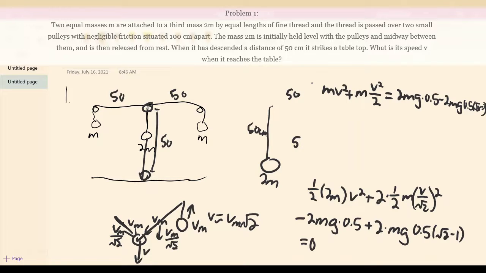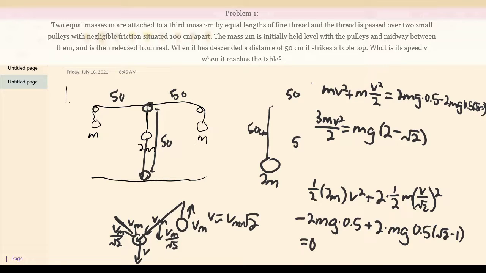The first part is equal to 3mV squared over 2, and the second part we can calculate is equal to mg times (2 minus square root 2).